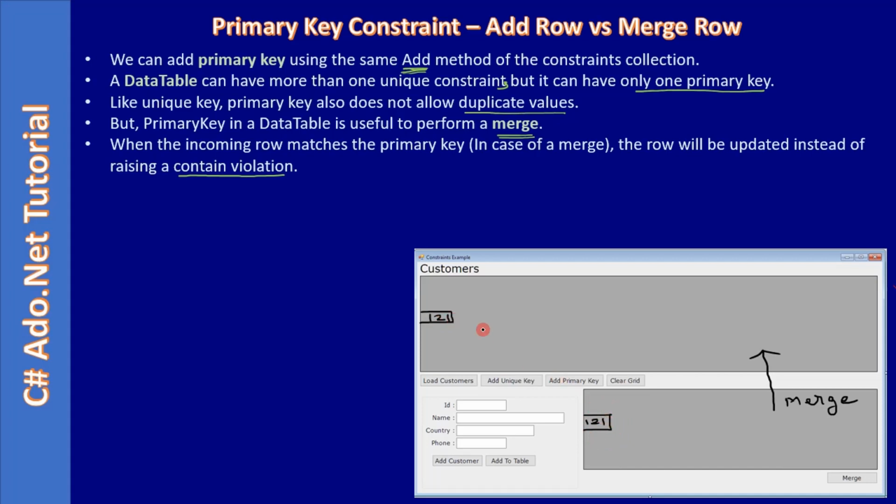When you perform the merge, it will not complain about a constraint violation. Instead, it will update the existing content of the in-memory table. So this is performed using the primary key.